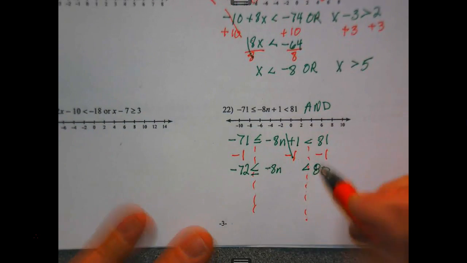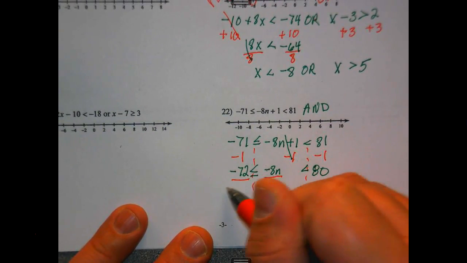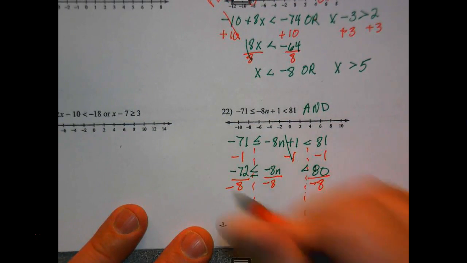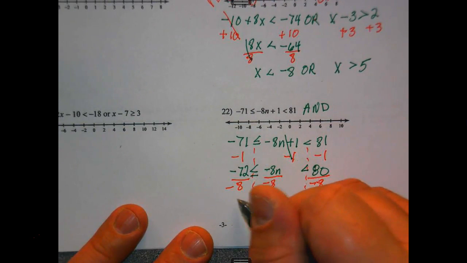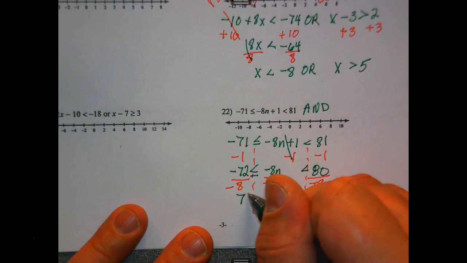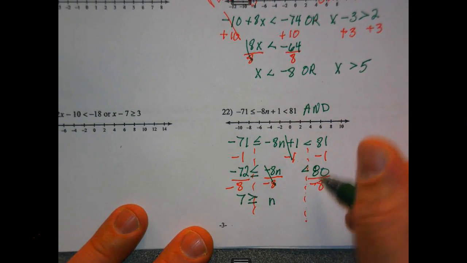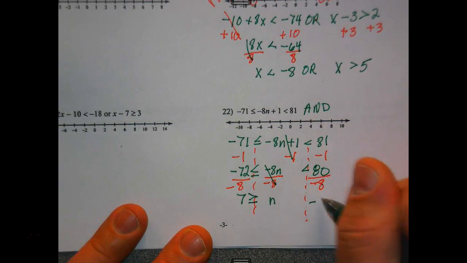Okay, I'm going to divide by the coefficient negative 8. Again, I'm dividing now by a negative number, so I'm going to have to flip the signs. Negative 72 divided by negative 8 is positive 9. Flip the sign. 80 divided by negative 8 is negative 10.